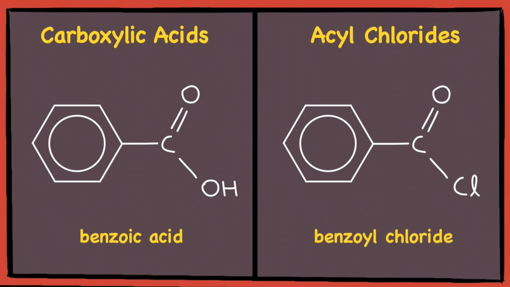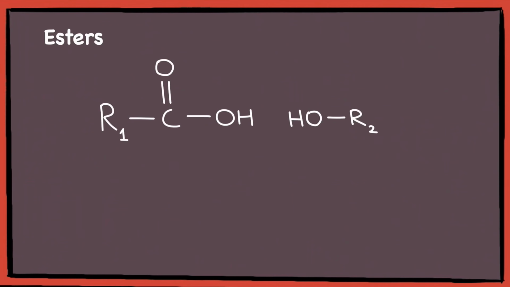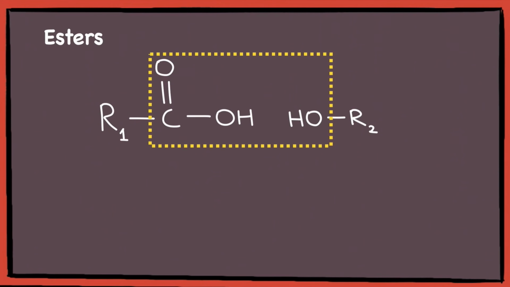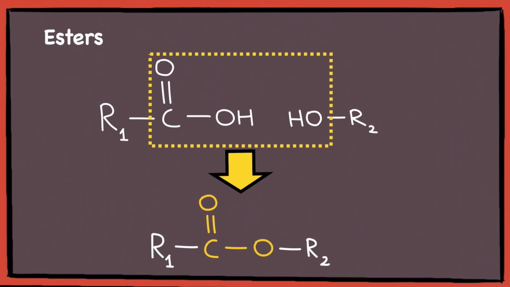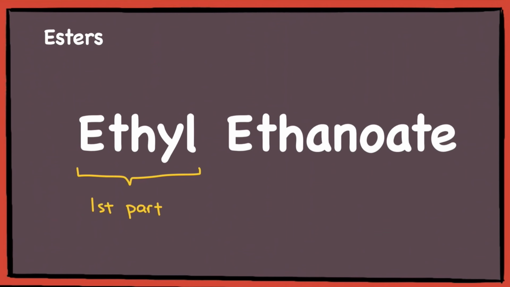Likewise, this molecule is called benzoic acid, but once I replace the OH group with a chlorine, its name will become benzoyl chloride. For esters, they have the functional group COO and have the suffix -ate. Esters are formed from the reaction between a carboxylic acid or acyl chloride with an alcohol or hydroxy compound. Esters have two parts to their name. For example, ethyl ethanoate. So ethyl is the first part while ethanoate is the second part.